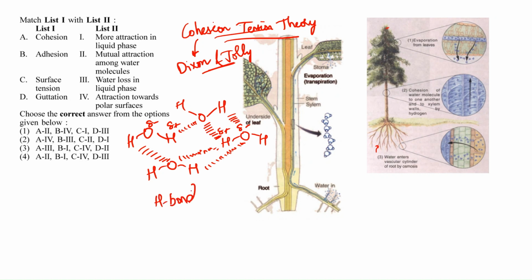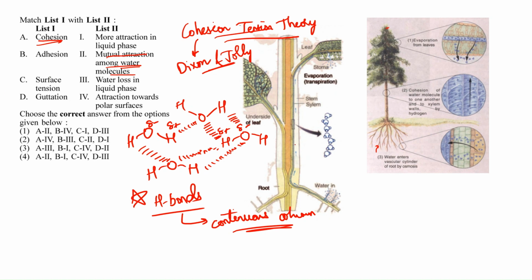The main reason that the water moves in a continuous column without any interruption or break is these hydrogen bonds. This attraction between the water molecules by hydrogen bonds is called cohesion. So, what is cohesion? It is the mutual attraction among water molecules. Cohesion allows the water molecules to move against gravity in a continuous column.